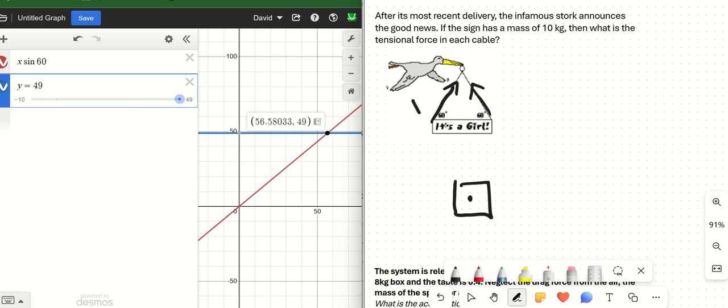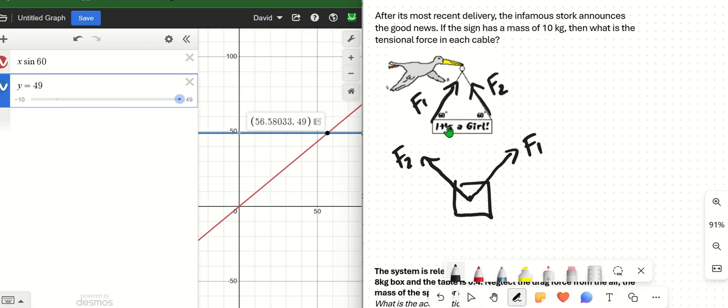I'm going to call this F1 and this will be F2. If I look, F1 is acting upwards and to the right, so this would be F1. And now F2 is acting upwards and to the left. This is going to be F2. Now I have two diagonal forces. I want to break them into their components.